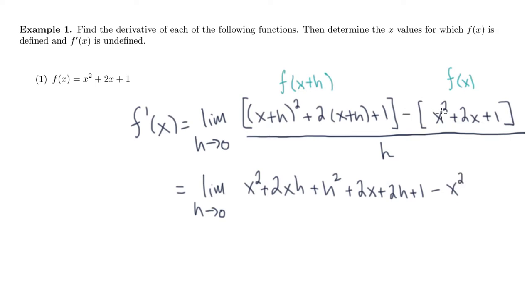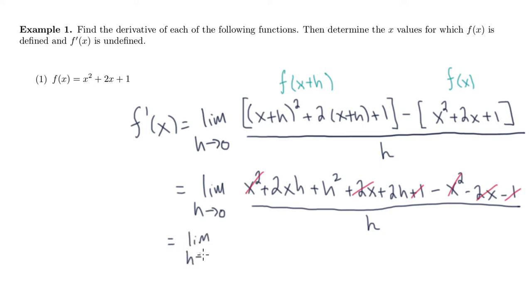So here I'm having to distribute the minus because I'm subtracting that whole quantity, minus 2x minus 1, all over h. And let's see how many things cancel. Well, x squared minus x squared, 2x minus 2x, and 1 minus 1. So we're left with the limit as h goes to 0 of 2xh plus h squared plus 2h.